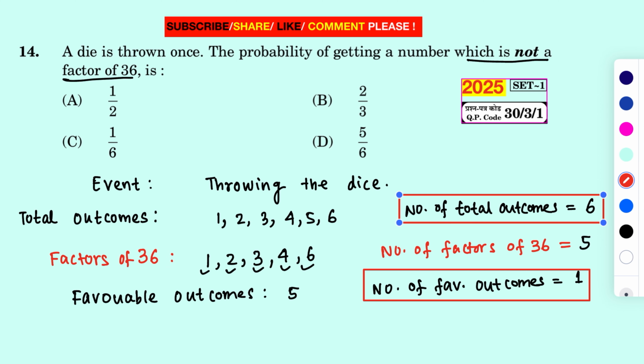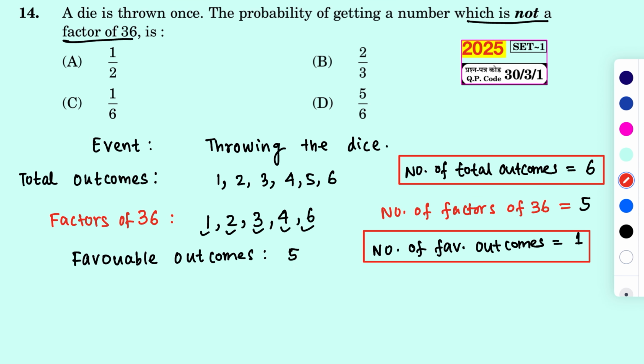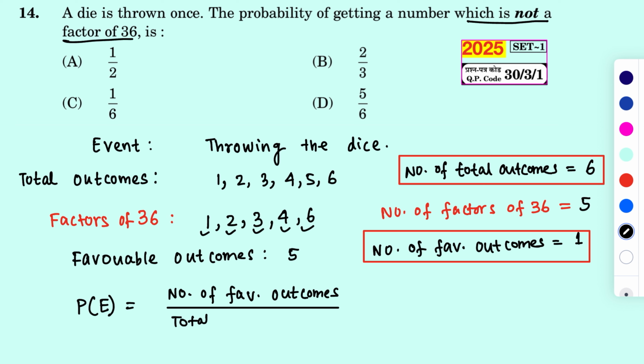Now according to the definition of probability, the probability of an event E is the number of favorable outcomes divided by the total number of outcomes.